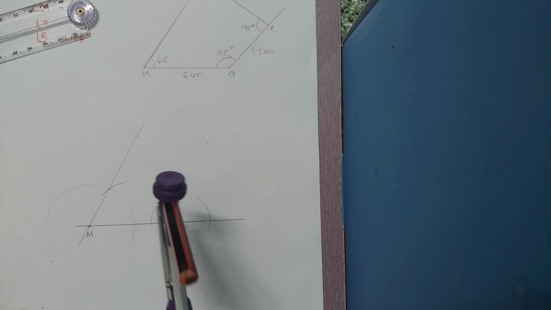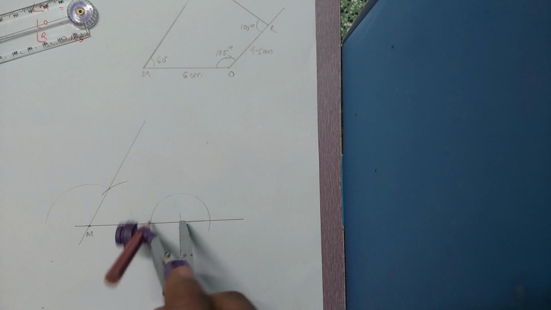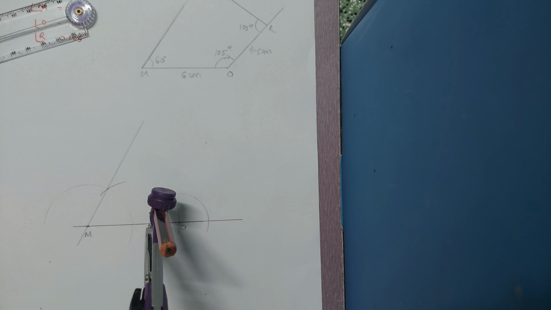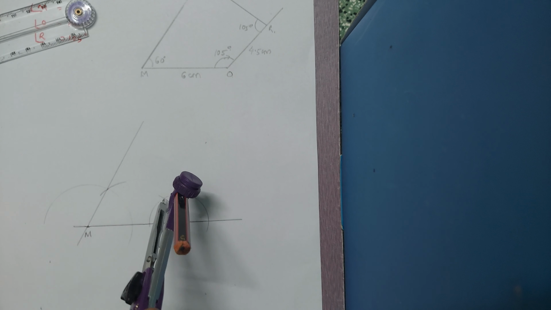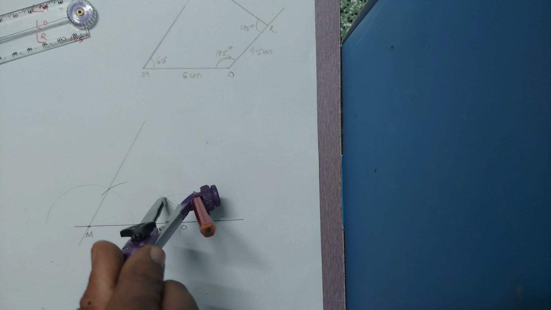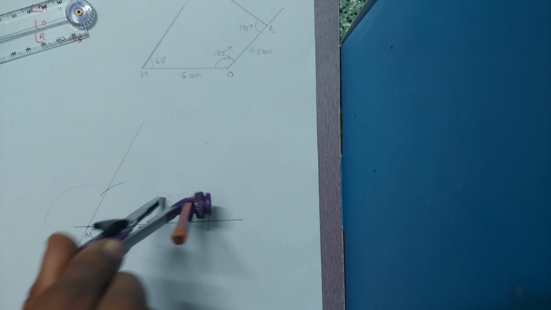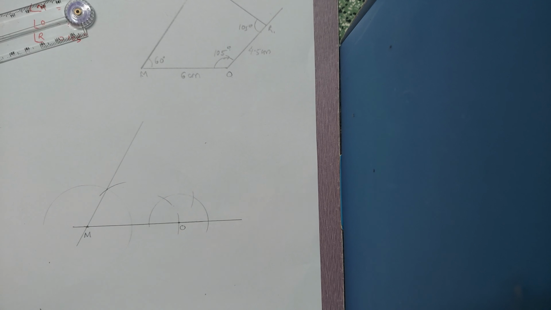So take a convenient radius, draw a semicircle, then draw an arc to show 60 degrees, then draw one more arc to show 120 degrees.